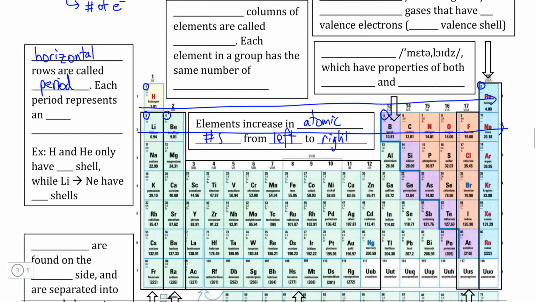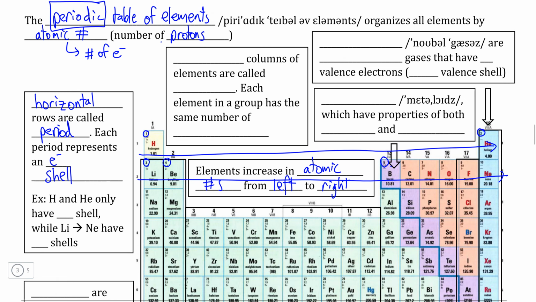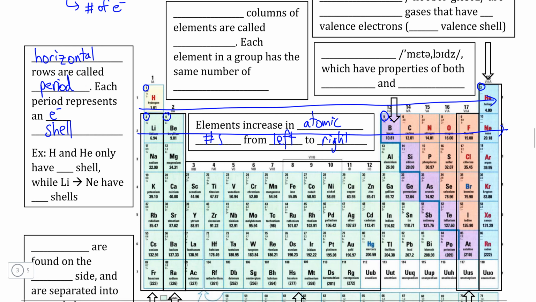Now, for those that are wondering, why does the first period only have 2 elements, hydrogen and helium, whereas the second and third row actually have 8 elements that we see here? Well, it's because each of the different rows represents a different electron shell. So remember how in the previous video we looked at how electrons are actually found outside of the nucleus, and depending on the number of electrons an element has, it will have a different number of shells.